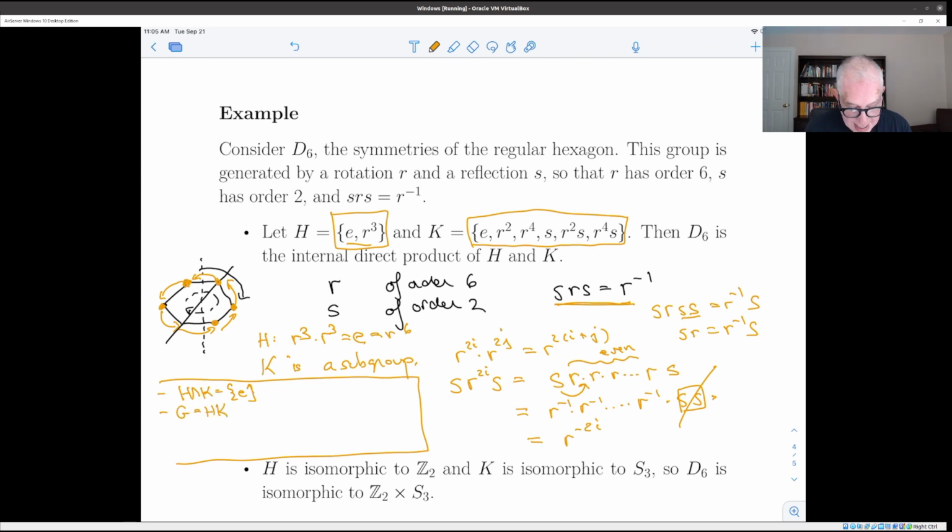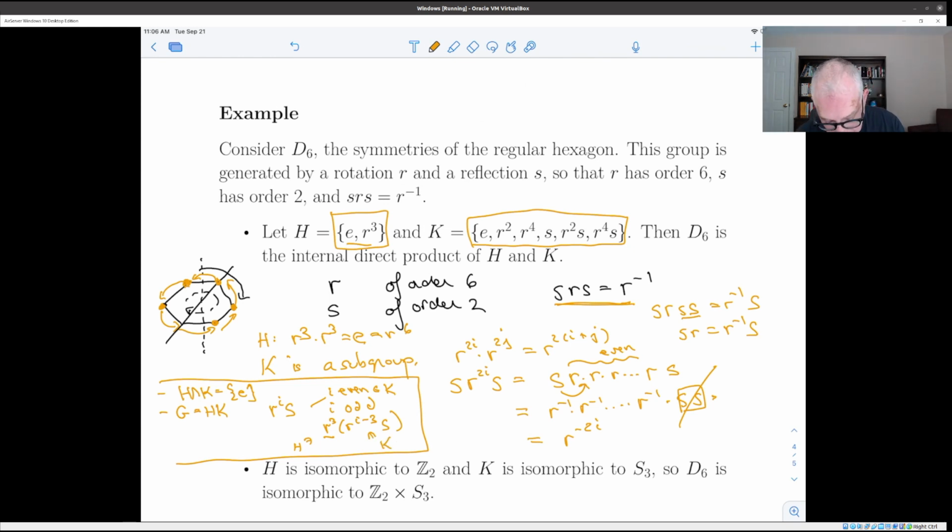For that, all we really need to make sure of is that if we look at an element R to the i S, if i is even, then we're in K. If i is odd, then we can write it as R cubed times R to the i minus 3 S, and R cubed is in H, and i minus 3, if i was odd, is even, so this is in K.